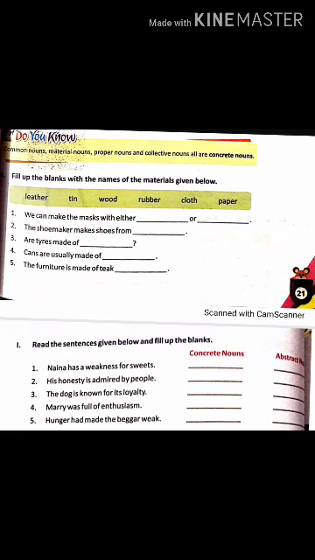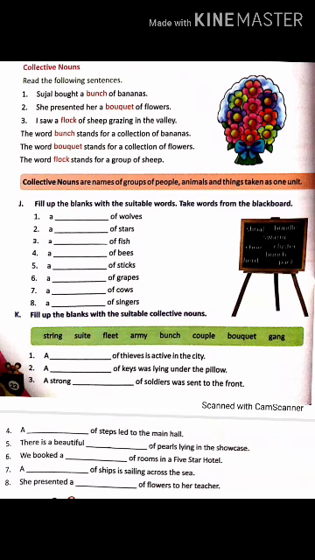Then the last page of this chapter is collective nouns. As we have studied earlier, there are some examples, you can read them, then you have to do the exercise. Collective nouns are names of groups of people, animals and things taken as one unit.